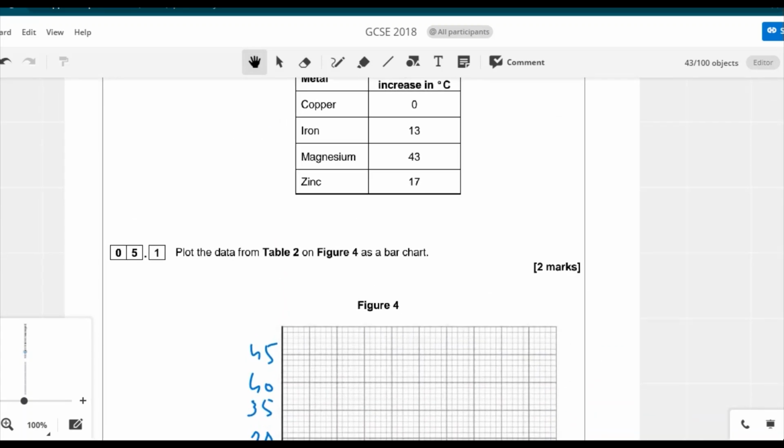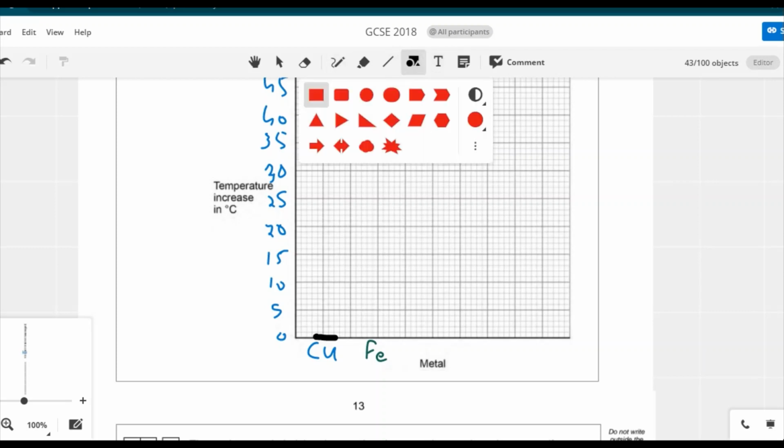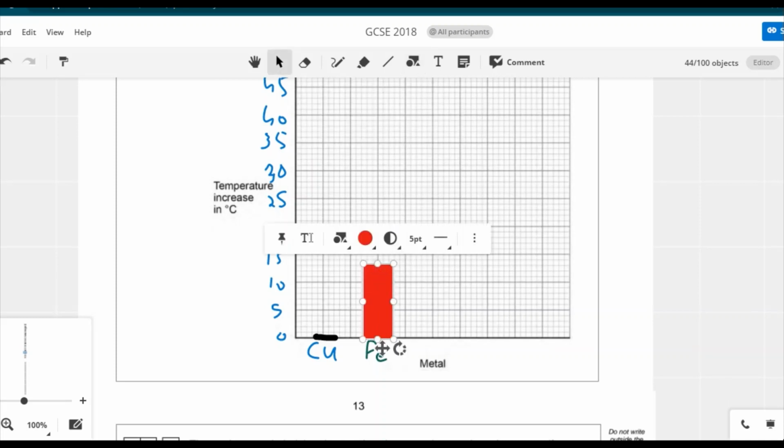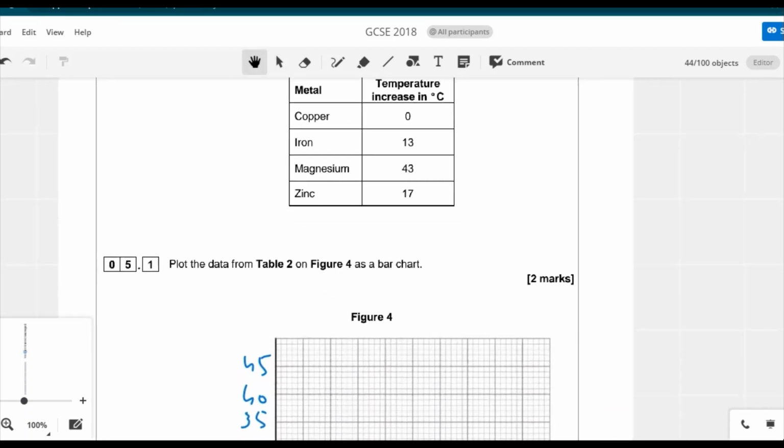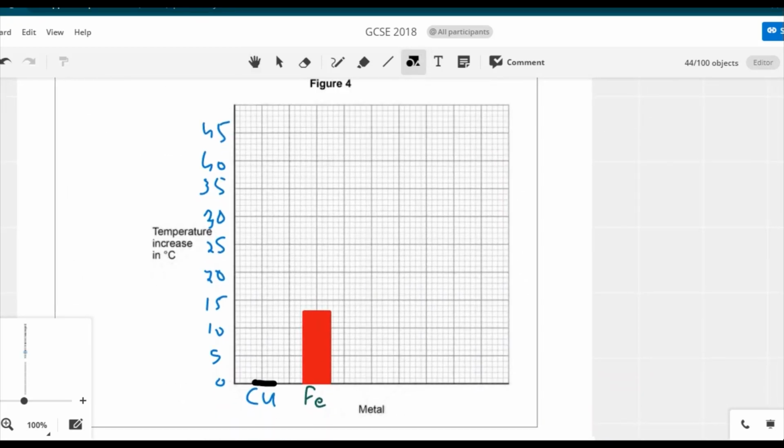Okay, the next one, iron, is 13. So for Fe, the iron is 13, roughly around here. Okay, the next one is magnesium. Magnesium is about 43, so for magnesium we write Mg, and that is 43.